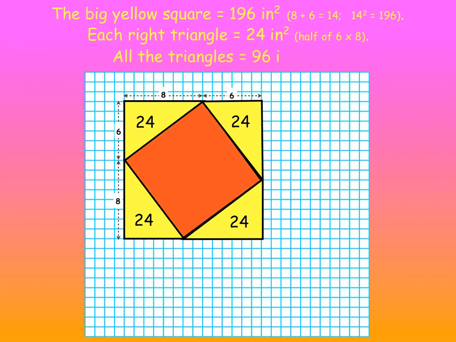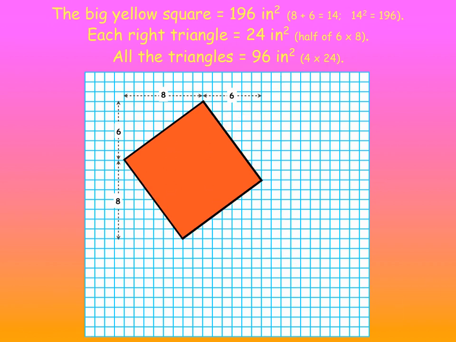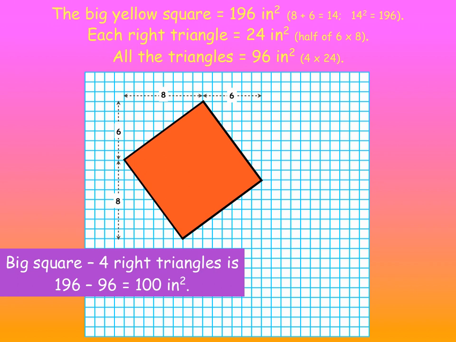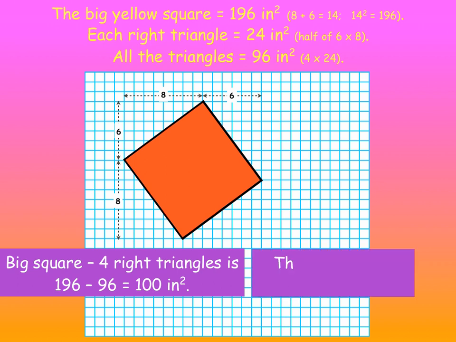All the triangles together are 96 square inches. But if we take them away, the big square minus the 4 right triangles, that's 196 minus 96, which leaves 100 square inches. So the area of the red square is 100 square inches.